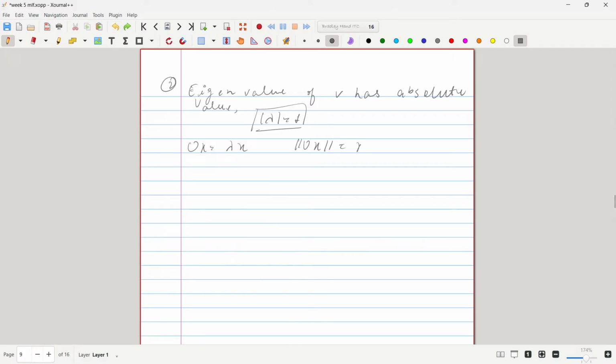So if I say ||Ux|| equals ||x||, and this will be separated as mod of lambda into mod of x is equal to mod of x. This will be cancelled out and mod of lambda will be equal to 1.